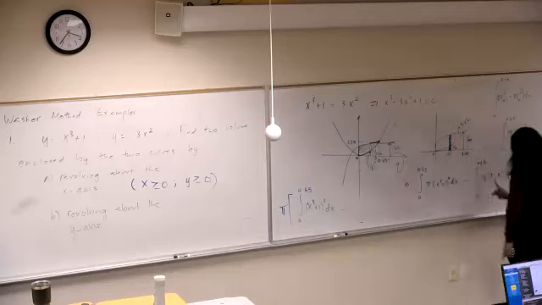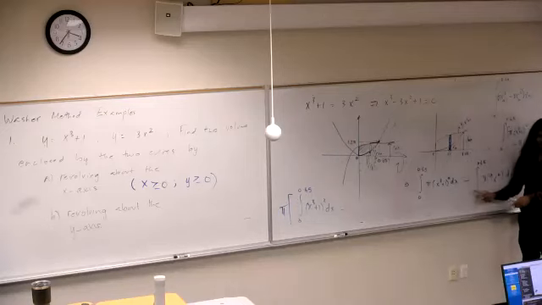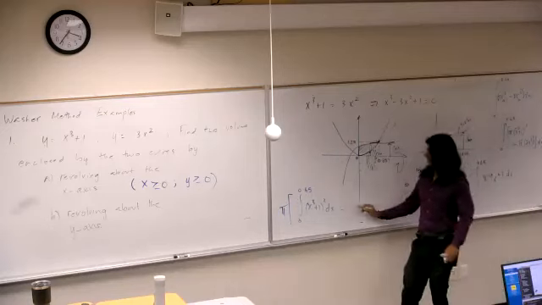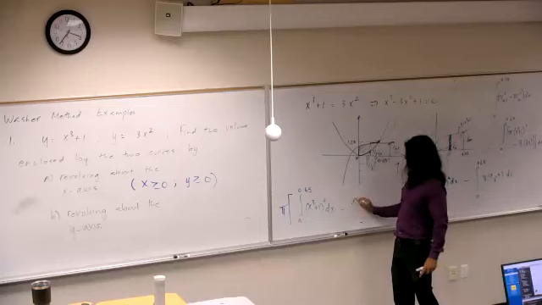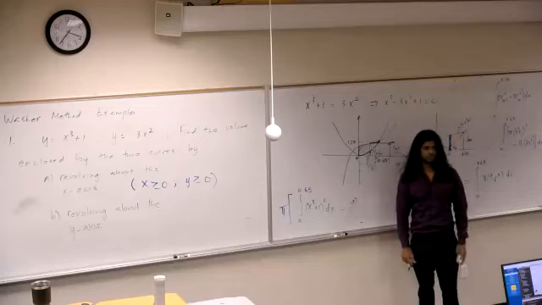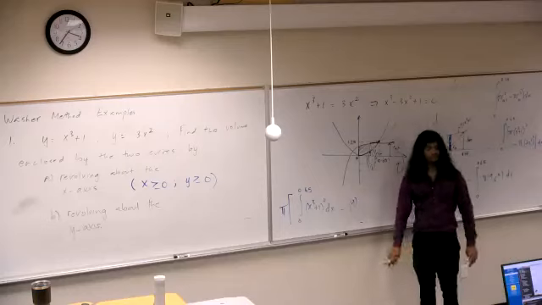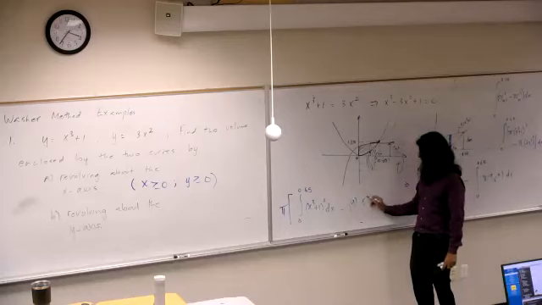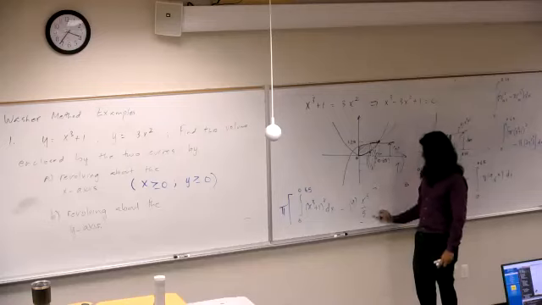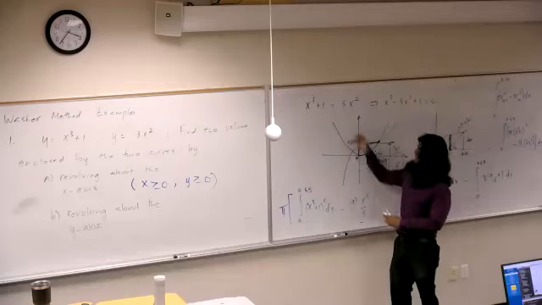Second integral, 9 is a constant. So keep an eye on this. What is the integral of x raised to 4? Very good. At this point, you should know x raised to 5 over 5. Great. Can I erase this part?